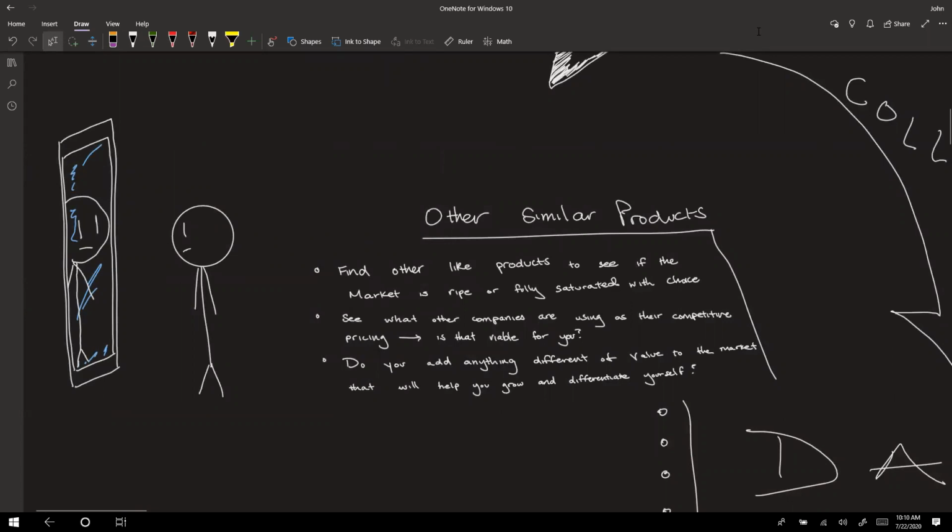So one aspect of market research is looking into your competition, right? You want to be able to see what other similar products there are out there, because if you're the mirror image of another product, well, that other product is already in the market, right?